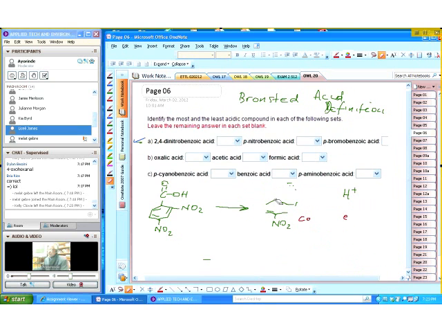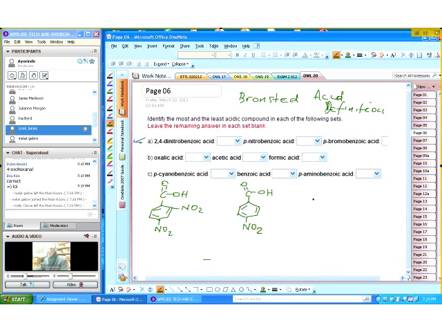Okay, I am going to erase this. The first set of molecules they have given us, here, we have 2,4-dinitrobenzoic acid, which is this molecule here. Then you have p-nitrobenzoic acid. P, that is para, is in this position here.